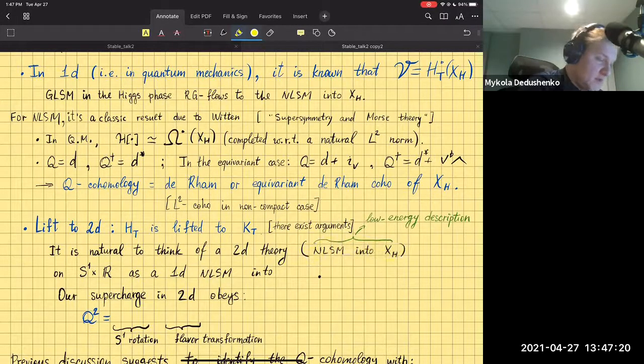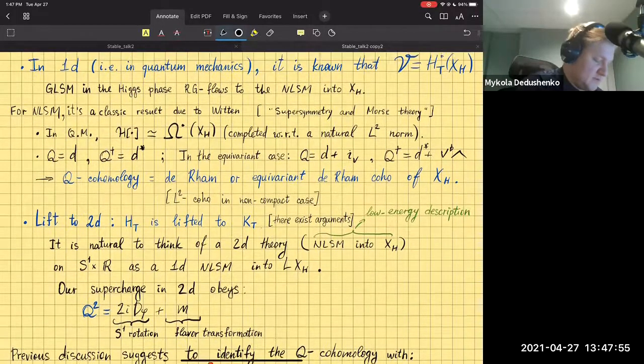Instead, we can think of it as a 1D theory into the loop space. And in our supercharge in 2 dimensions, it squares to, so one thing is the loop rotation, and then there's also some different mass. Let's just call it M. It's part of the complex mass in 2 dimensions.